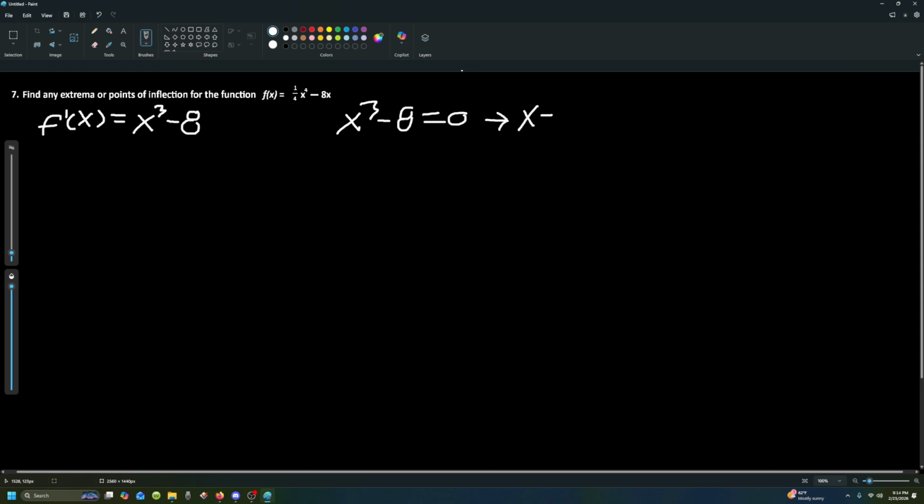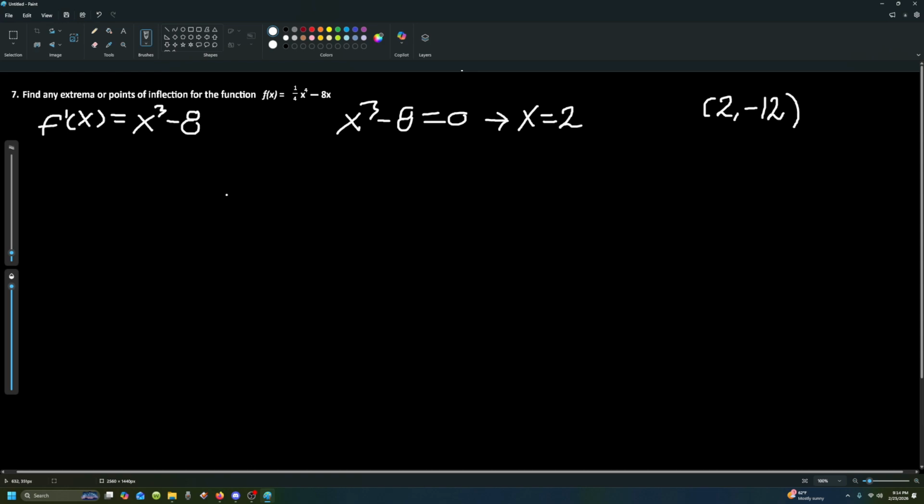So we get x equals 2. And when we plug our critical number back into our first function to find a y value, we find a value of negative 12. So we have a critical point at 2, negative 12.